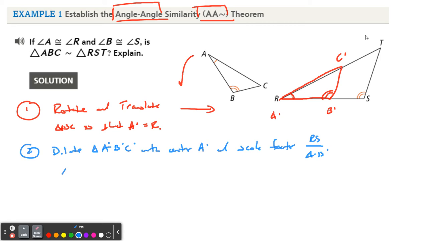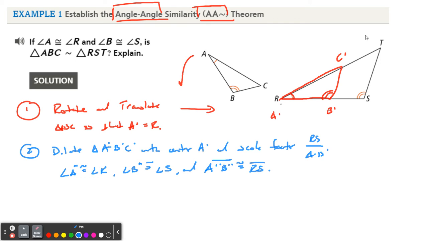What this means is that angle A double prime is going to be congruent to angle R. Angle B double prime will be congruent to angle S. And segment A double prime, B double prime will be congruent to segment RS.